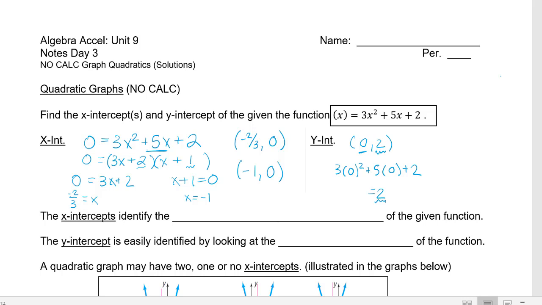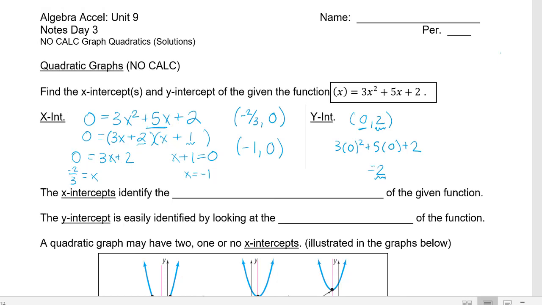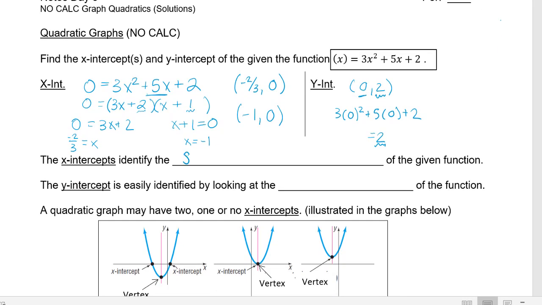So when your input is 0, that output is 2. So what we just found were our solutions, aka our x-intercepts. This is what I had you guys find in our previous unit when I said solve the quadratic. These are our solutions. You'll also see them identified as roots or zeros.